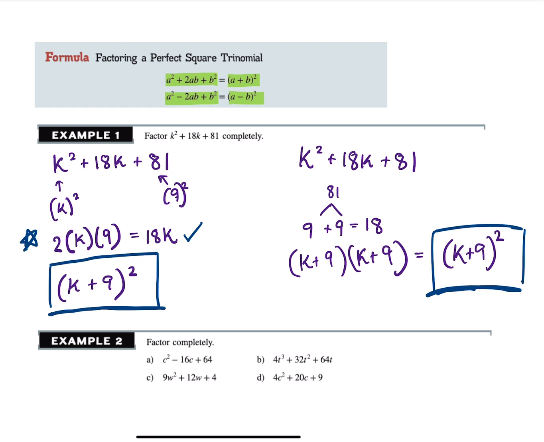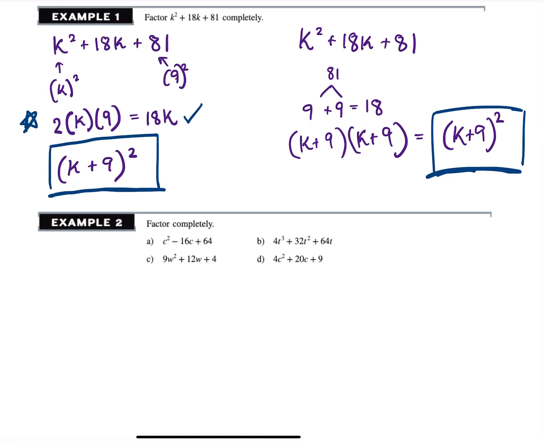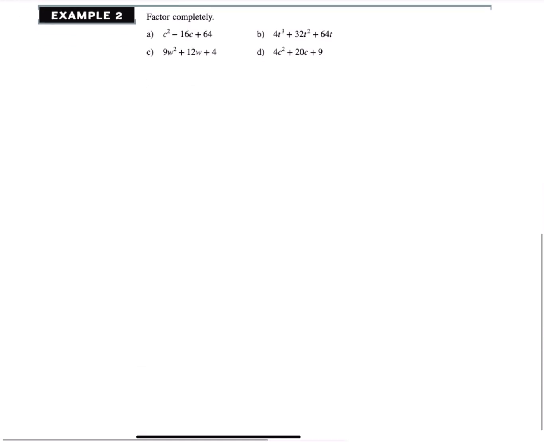So let's look at a few more examples and see when this would apply and when we can tell that it will not apply. From example 2, part A gives us c squared minus 16c plus 64. So our first term is c squared.